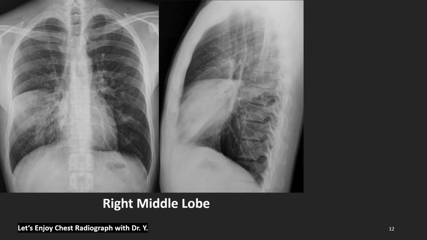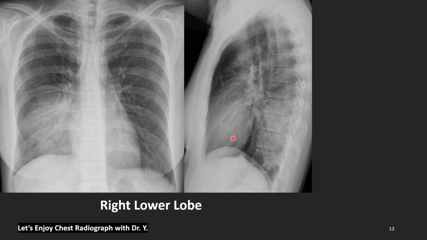Let's see the lateral film of the first case. Left side film, right middle lobe lesion, silhouette positive lesion. Yes, if we see the lateral film, we naturally understand that it's the middle lobe. So simple. How about the lateral film of the second case?